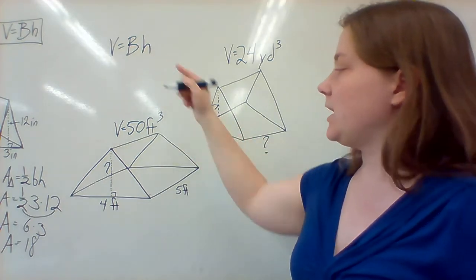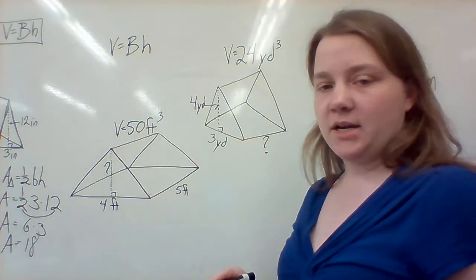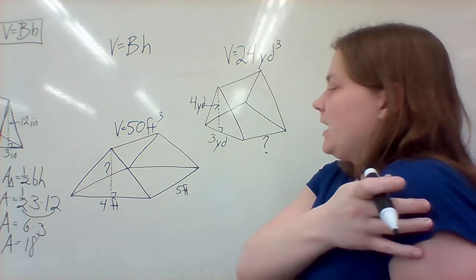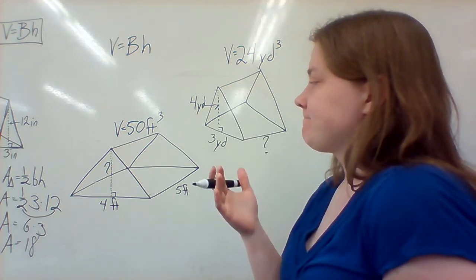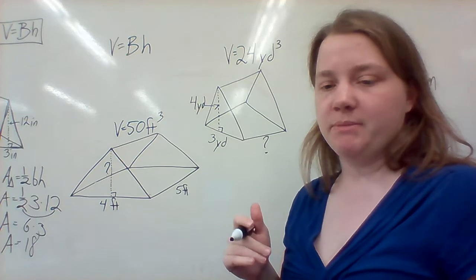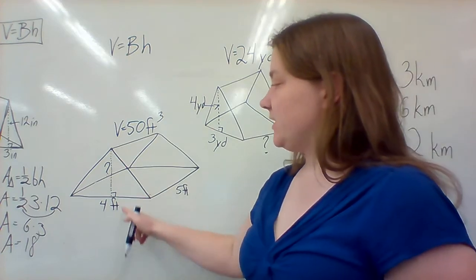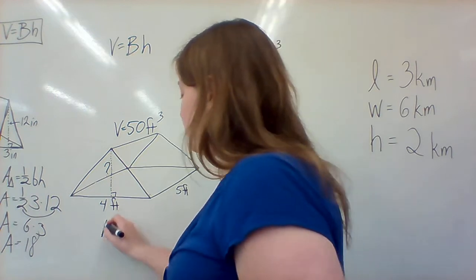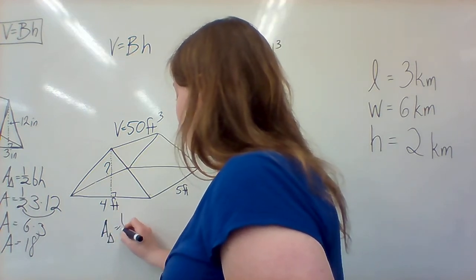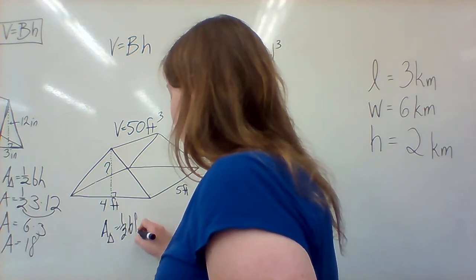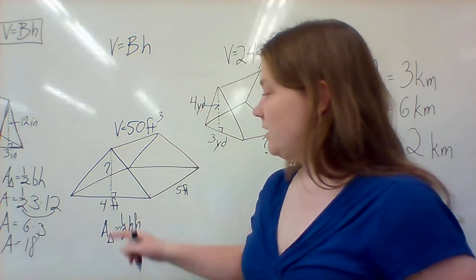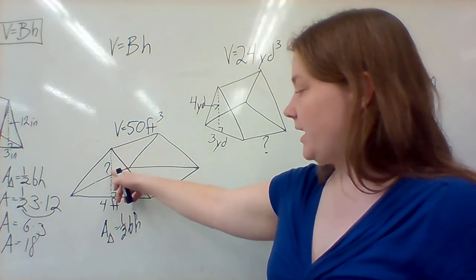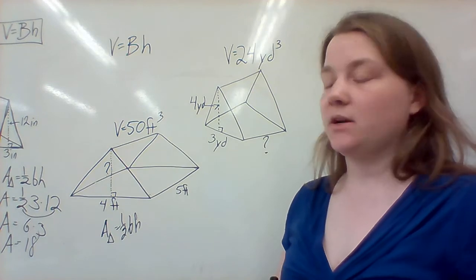I need to realize that I don't actually know the area of the base. I can't figure it out right now, because to figure out the area of the base would be half base times height. And because I don't know the height, I can't figure out the area of the base.